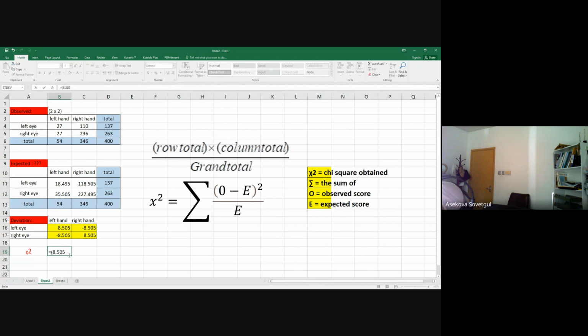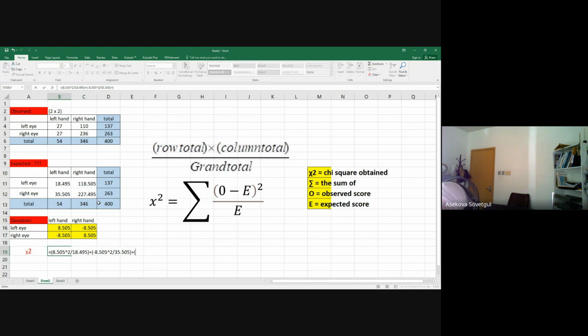We have to square it, divided by this one, 18.495. For the second group, summation. This time minus 8.505 squared divided by 35.05. Okay, plus.